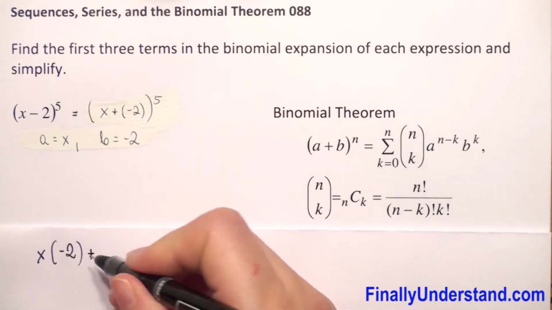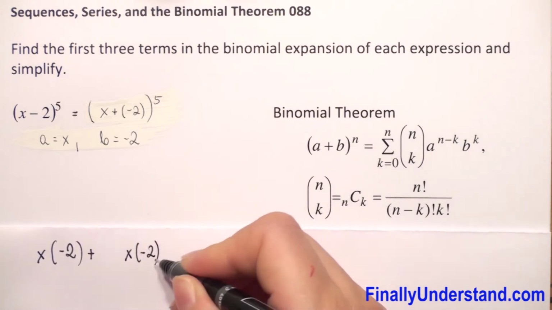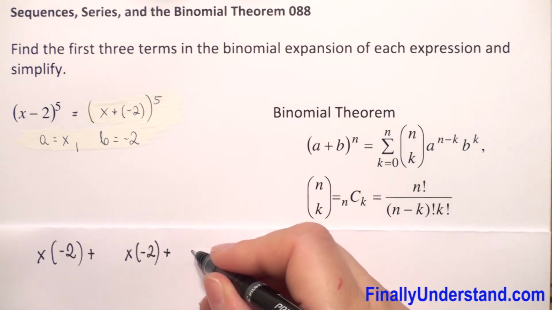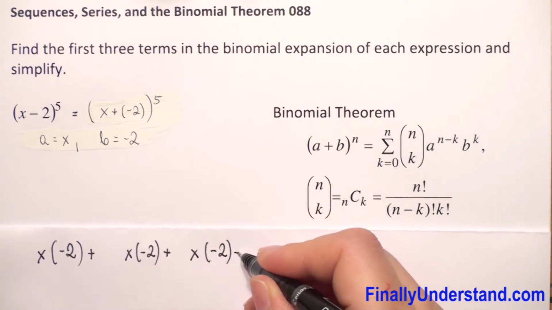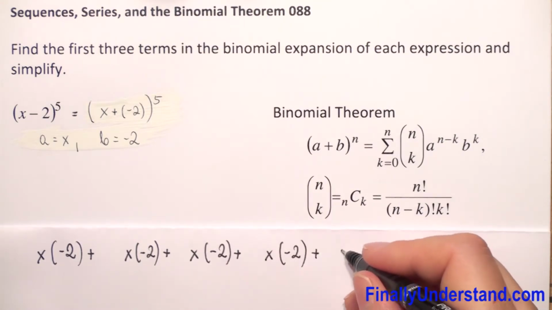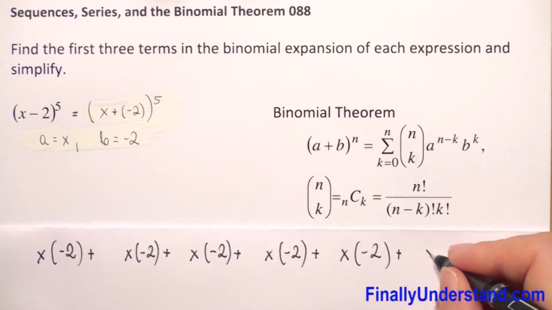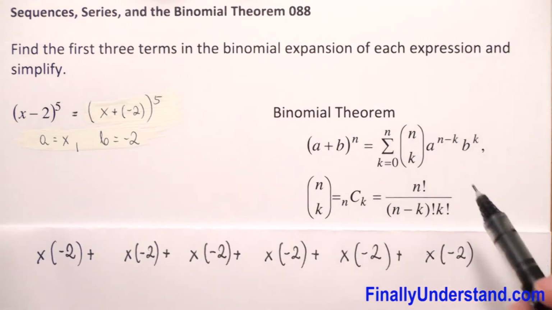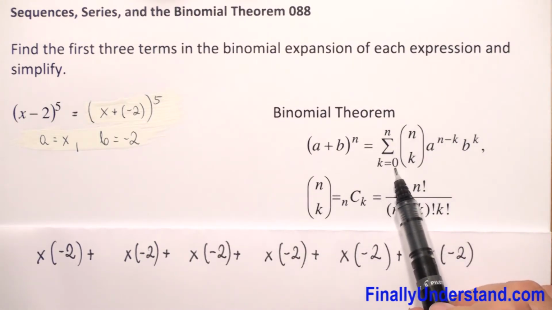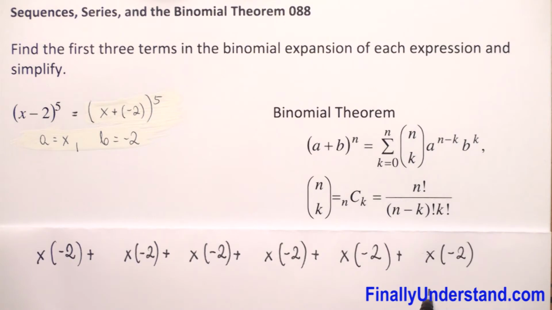We have to leave space for the coefficient, so we have x times negative 2 plus x times negative 2 plus x times negative 2 plus x times negative 2 and the 6th term x times negative 2. Why? Because we start from 0. So that's why we always have one expression more than the exponent. We have the 6 terms.